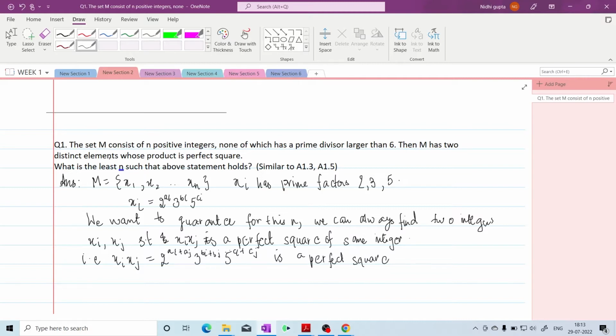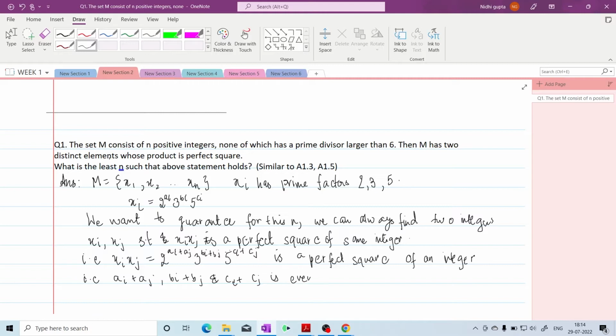Now we want that this is a perfect square, the square of an integer. And when is a number a perfect square? When it has even powers, when it is a power of some square. So in this case, this will happen when we have ai plus aj, bi plus bj and ci plus cj even.